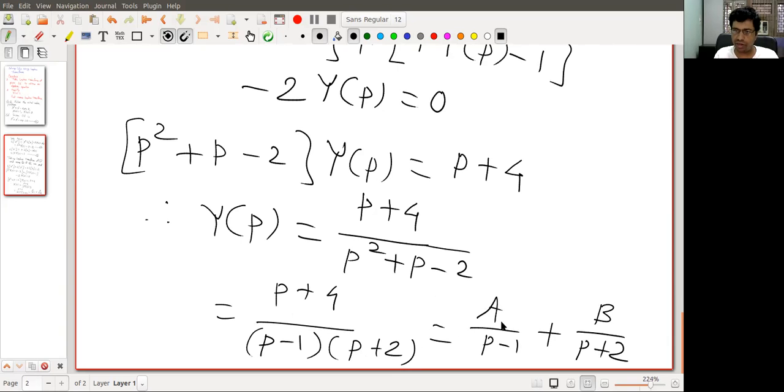Then we multiply this thing by p minus 1 into p plus 2, so that we get p plus 4 equal to a into p plus 2 plus b into p minus 1. Then we substitute particular values of p. Especially we are interested in p equal to 1 and p equal to minus 2. And then we get values of a and b. So this is partial fractions.